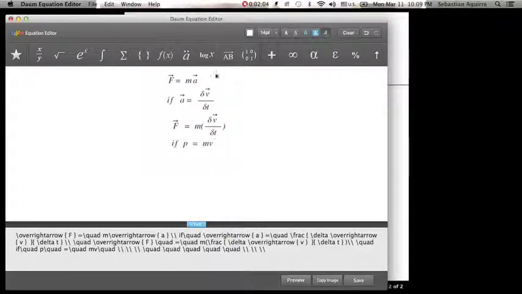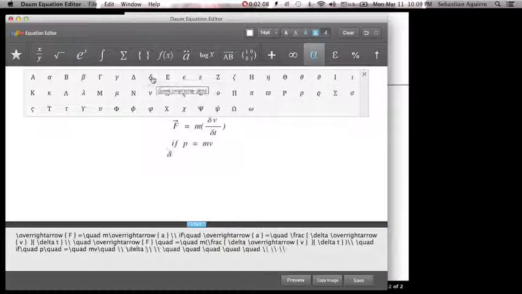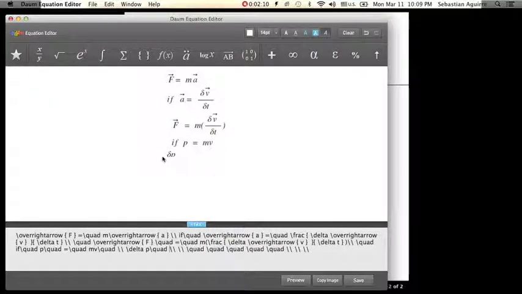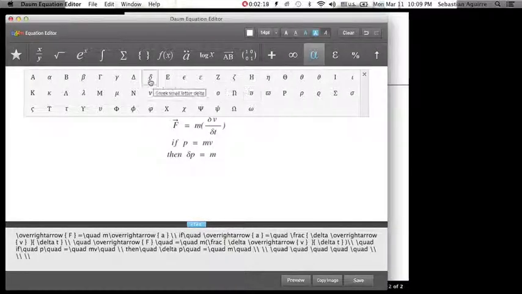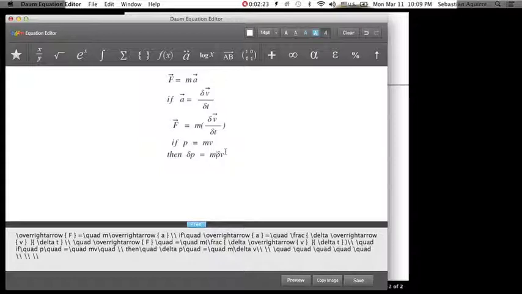And so the differential, or the change in momentum, is equal to m dv, or delta v, because m is a scalar, so m doesn't change usually.